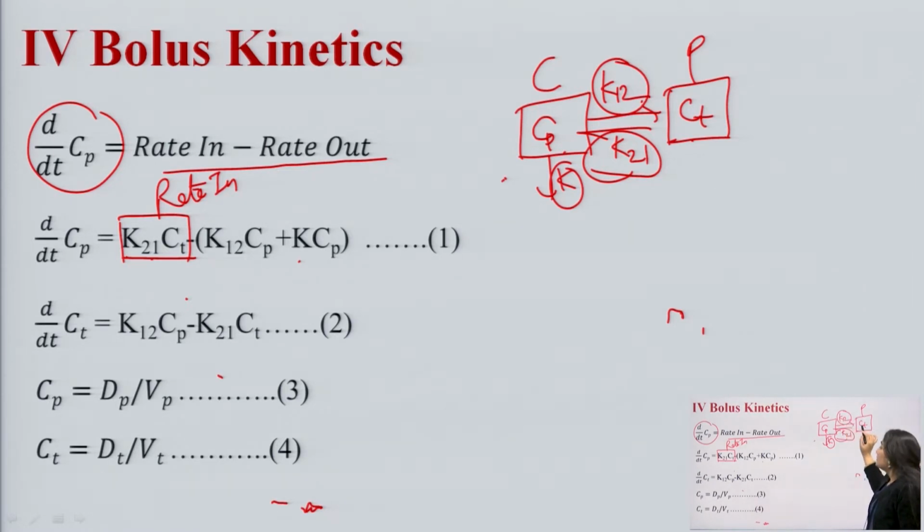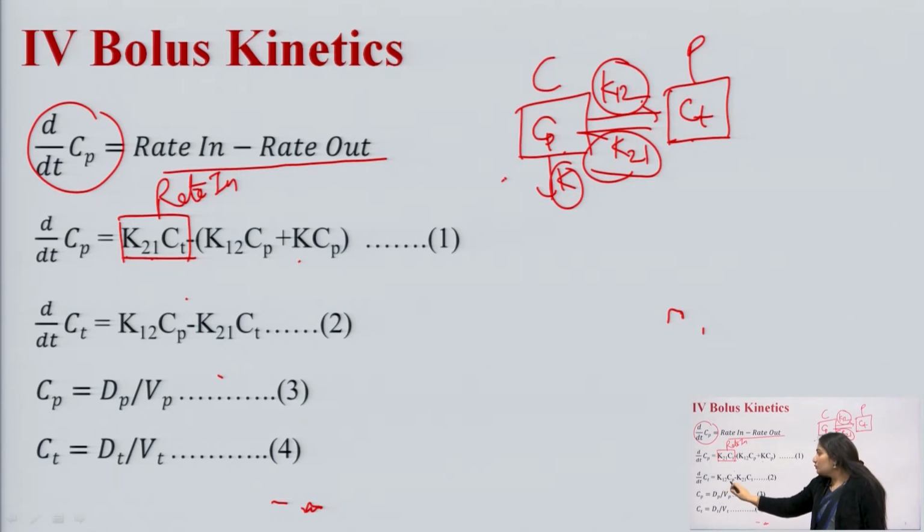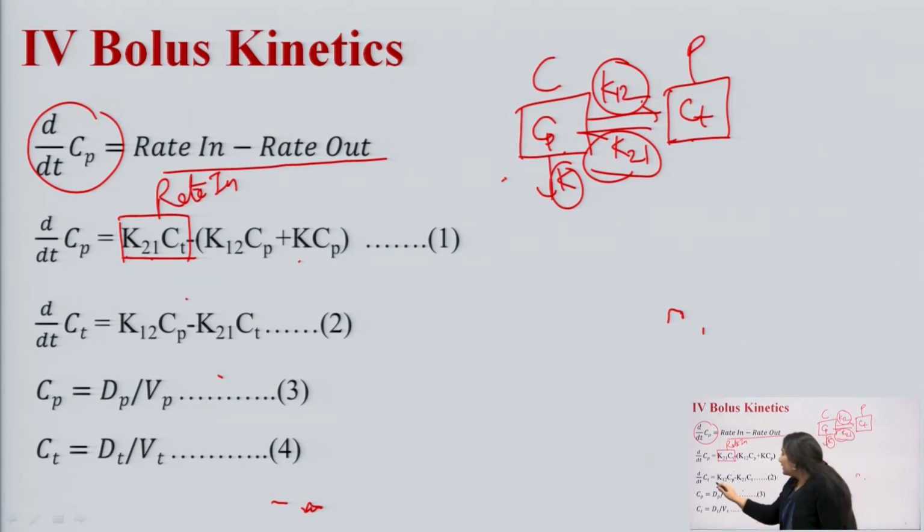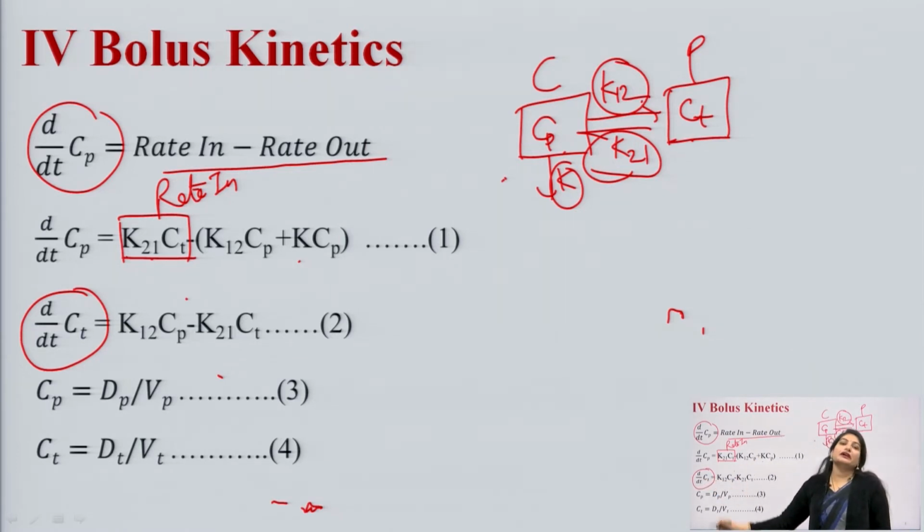That is why the rate in can be written as K12 Cp minus, and the drug from the peripheral compartment is leaving and reaching the central compartment with the help of constant K21. Okay. So, that is why we will write K21 Ct. So, this is the plasma drug concentration in the peripheral compartment, or we can say the tissue compartment.